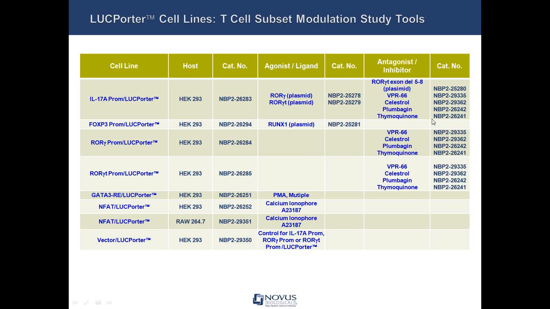We also have antagonists and inhibitors, such as DPR66, an inverse agonist for ROR gamma t, and also celastrol, promethazine, thymoquinone, and IL-17A inhibitor or ROR gamma t inhibitors.